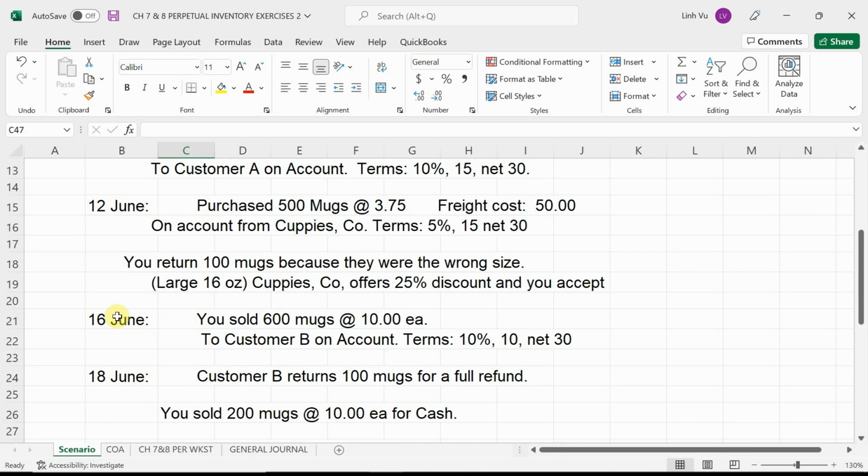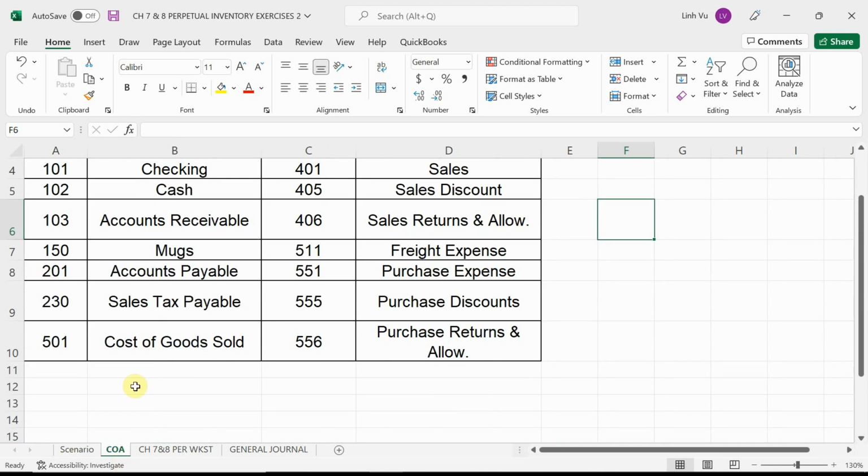So how do I get a refund, a 25% refund or discount on these 100 mugs? How do I do that? So let's take a look at my chart of accounts.